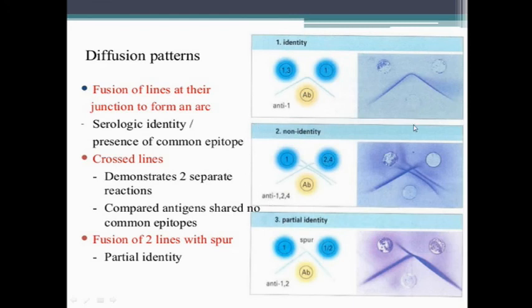In the other one, we know that both antigens differ. Here, with the antibodies, after diffusion we can see crossed lines. It means both antigens are not similar, they are non-identical.